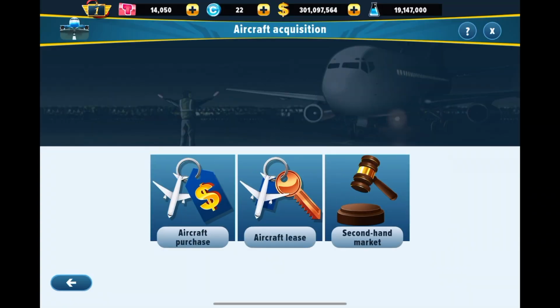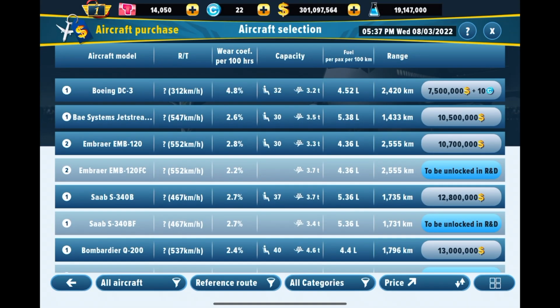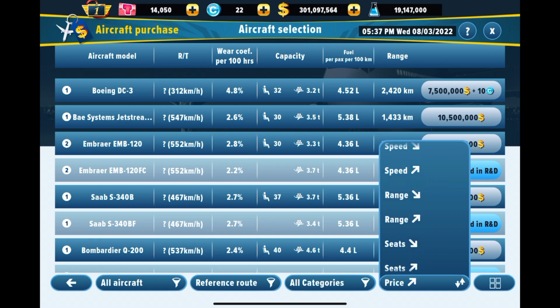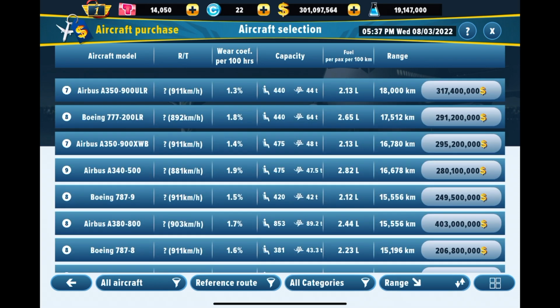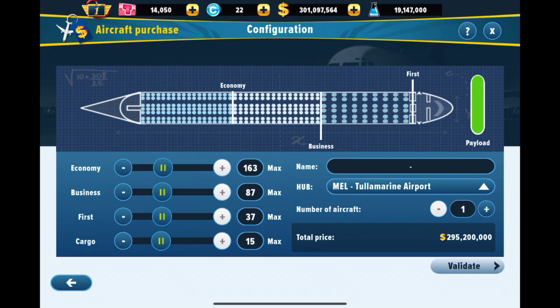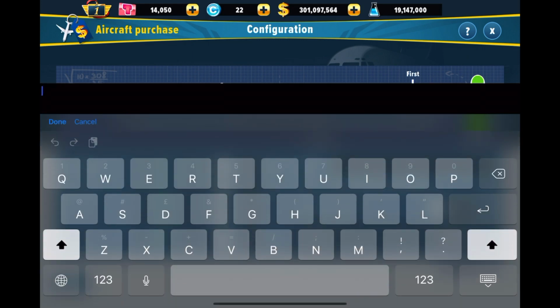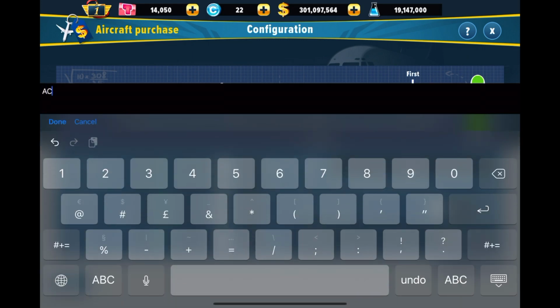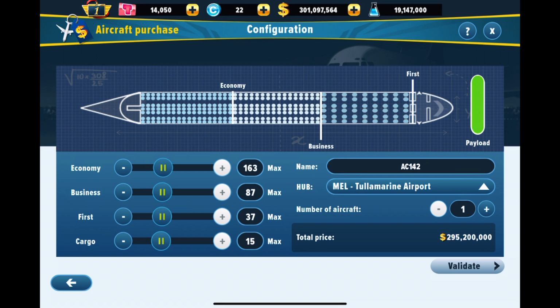Acquisition and then purchase. I arranged this by decreasing order of range, and we thought about the A350-900 XWB. That gives us a good fuel consumption rate and wear rate. Let's go ahead. So this is going to be my 142nd aircraft, and the cargo, I think I'll keep it to its max.